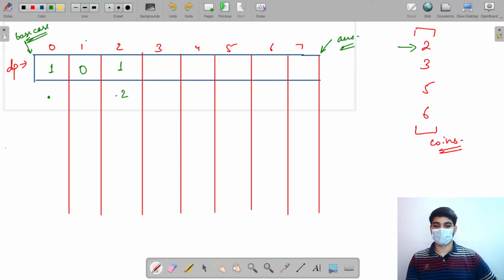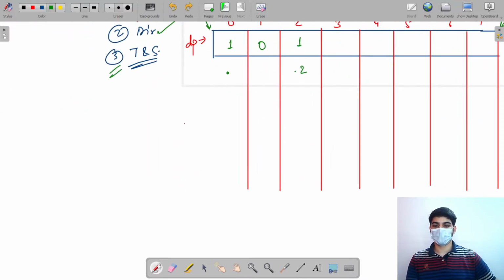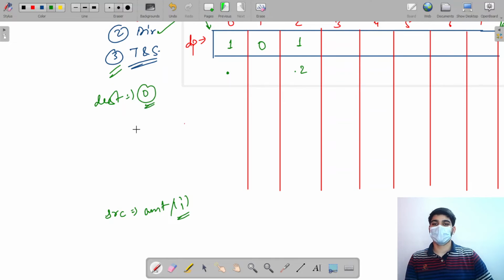If you think about it, this question is nothing but of the type of source and destination. So we have a source equivalent to the summation that we want, which is the index, and from that source, what we have to reach is 0, because we have to reduce our amount till 0. We have to pay our amount down to 0. So my 2 comes and says, okay, can I pay from 2 to 0?